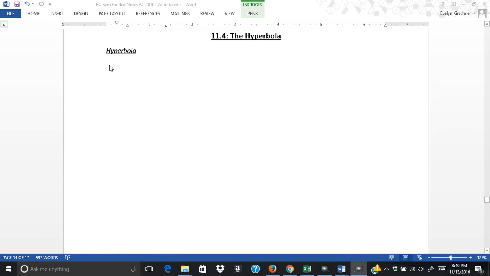The hyperbola is another conic section. The definition of a hyperbola is as follows.